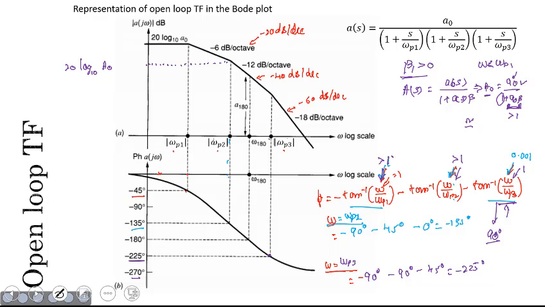That would lead to a gain for frequency less than omega p1 that we can approximate to be 1 upon beta 1, which we would already have known from previous semesters. Due to which I can just write it as something like 20 log of 1 upon beta 1.